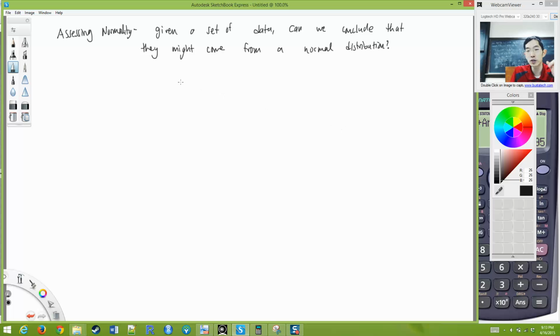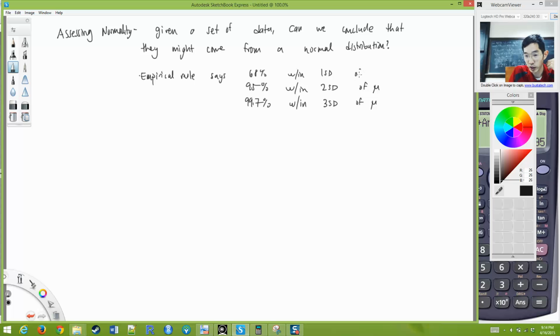So one simple method is using the empirical rule, right? Empirical rule says what? 68% within one standard deviation, 95% within two standard deviations of the mean, and 99.7% within 3 standard deviations of the mean, okay?